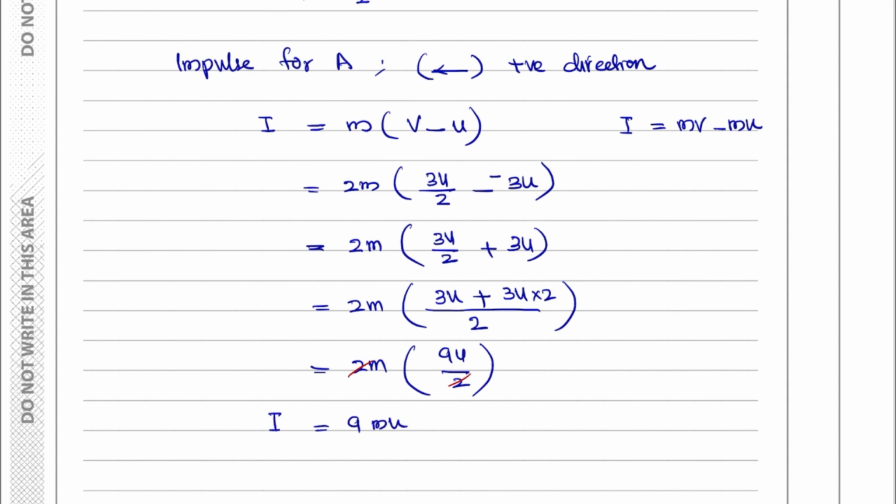This is the impulse. Our question was to find the magnitude of the impulse exerted on A by B in the collision. The value is 9mu.